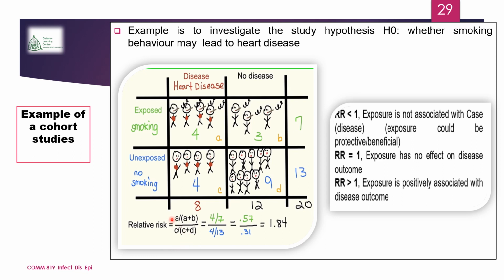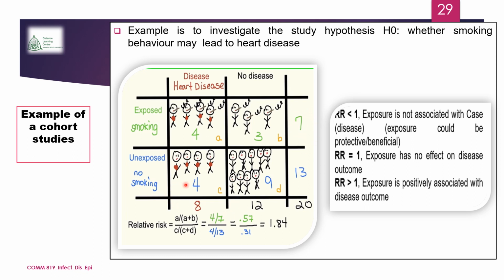So the relative risk of developing heart disease if you are a smoker will be, so you calculate the incidence for each. Okay, the incidence for exposed will be the number of people that are exposed that have developed the disease, which is 4, over the total number of people that are enrolled, which is 7. Okay, so it will be 4 over 7.